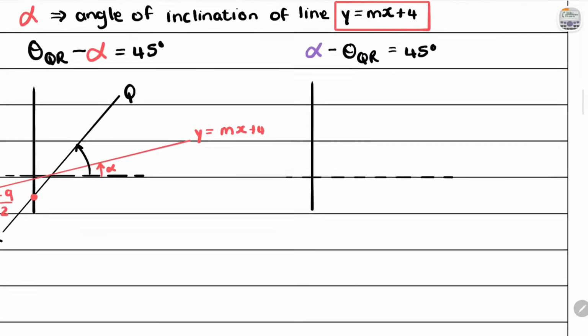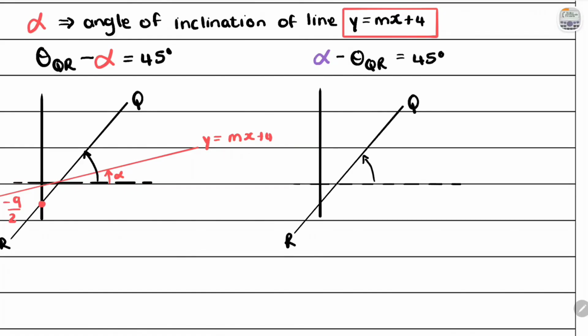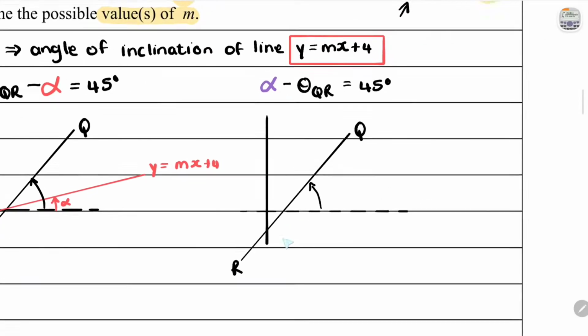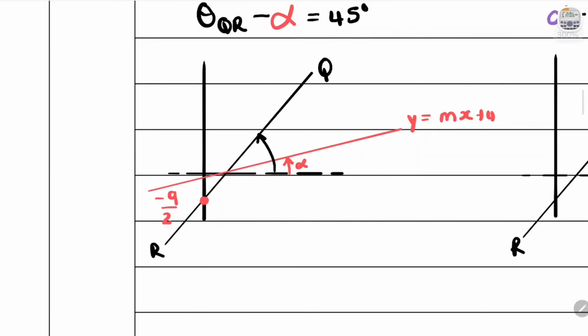So it would look like this. We could still have QR the same way it is, and then this line y equals mx plus 4 would lie above it. Before drawing that line down, let's also take note that this has a y-intercept of 4, and we know that this y-intercept is -9/2.